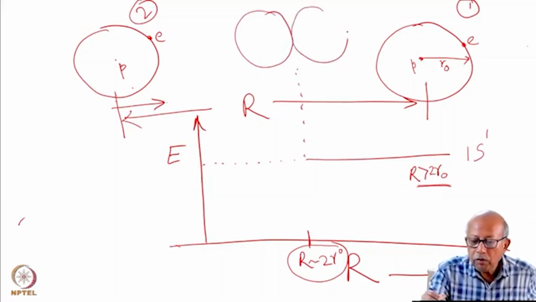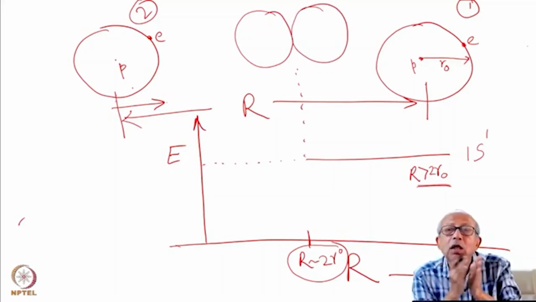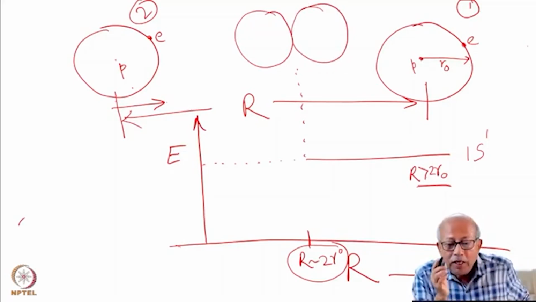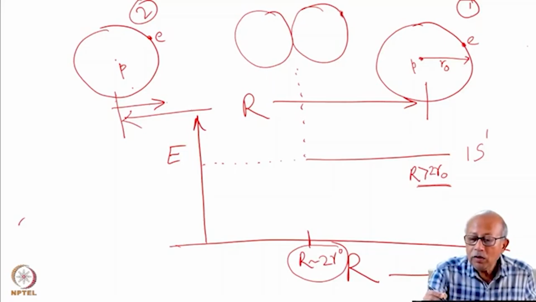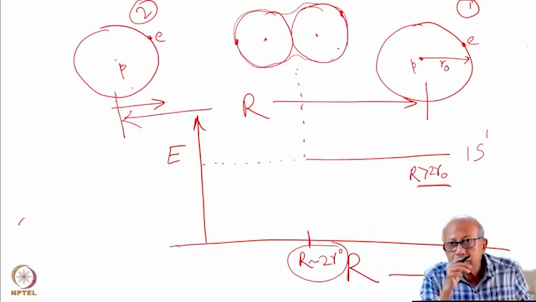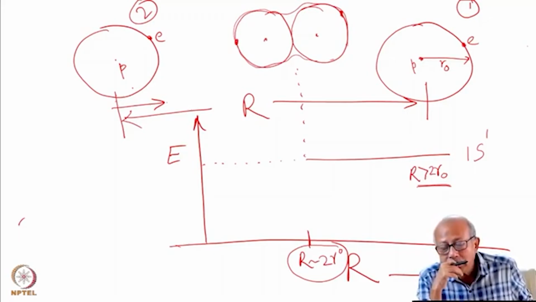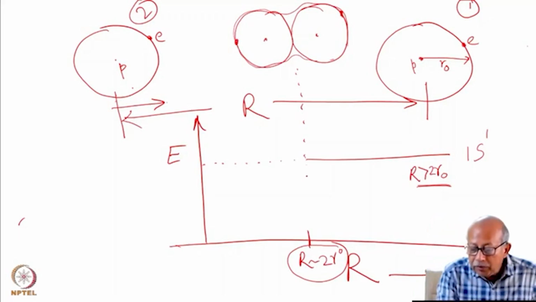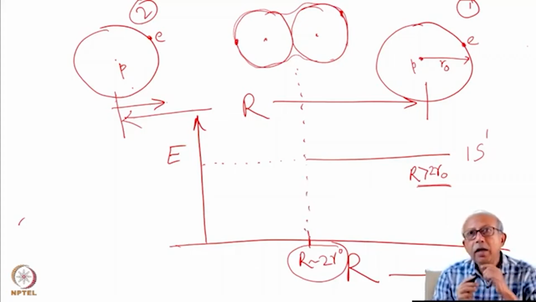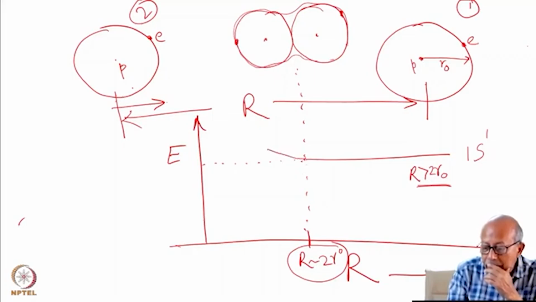We might as well say that the wave functions are overlapping. That means each electron is now revolving around both the nuclei. This is equivalent to saying that at this point, where R is nearly equal to 2r0, the energy level is split into two levels.